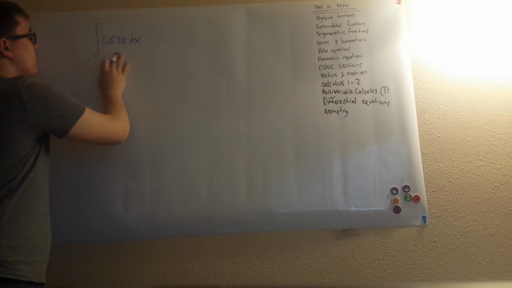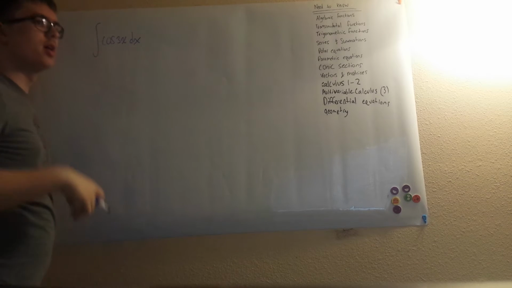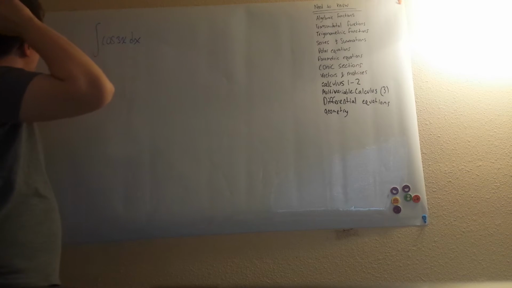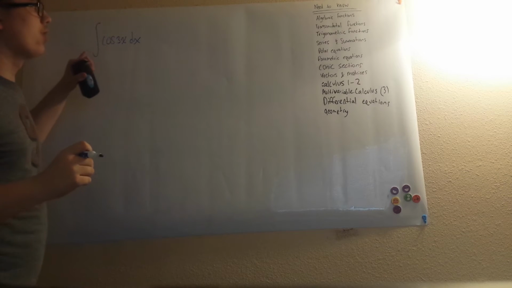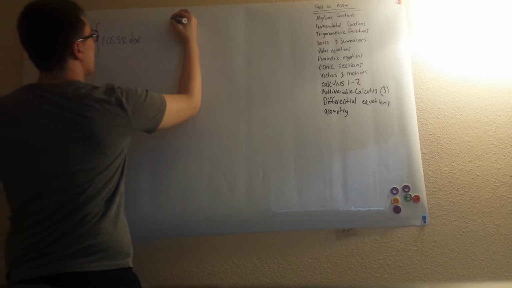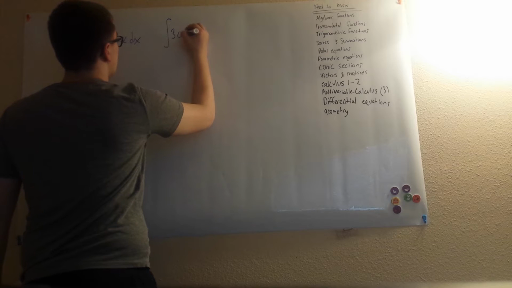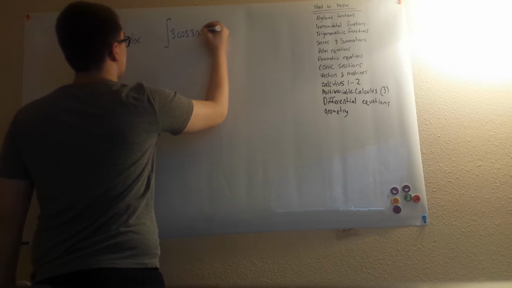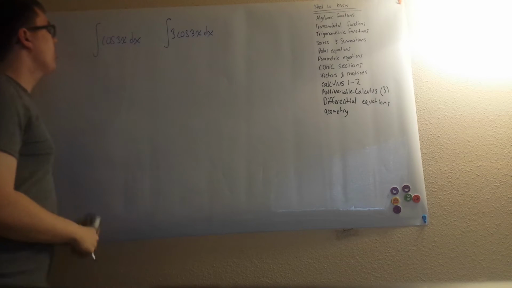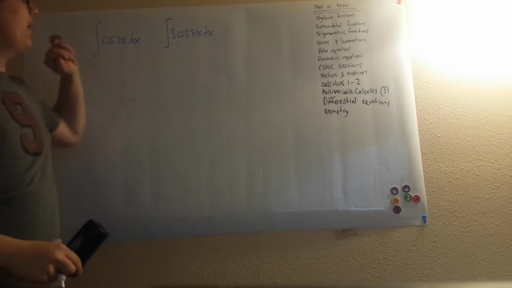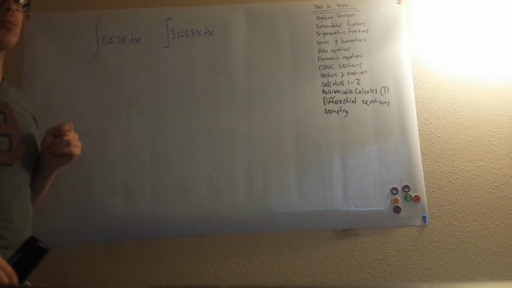When we evaluate the integral of cosine 3x dx, we'll save it for later. I'm going to do an easier one, and I'll tell you why. Evaluate the integral of 3 cosine 3x dx. That one is easier than this one.